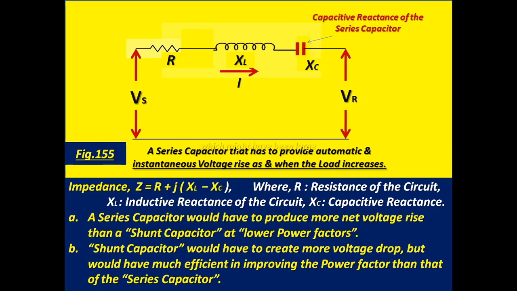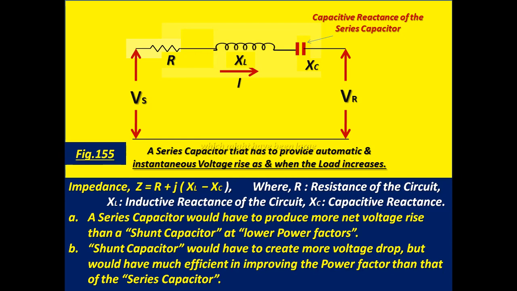A series capacitor would have to produce more net voltage rise than a shunt capacitor at lower power factors. Shunt capacitor would have to create more voltage drop, but would have much efficient in improving the power factor than that of the series capacitor.